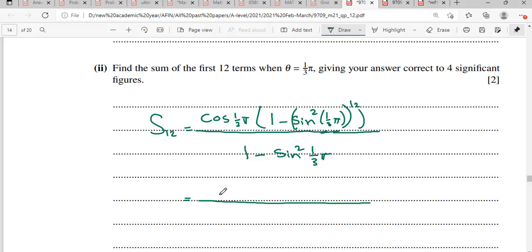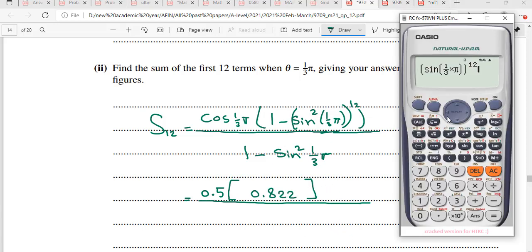So this is 0.5 times sine squared. When something has 2 powers, we multiply the 2 powers by each other. Then this 12 will be 24. And it's 0.031.